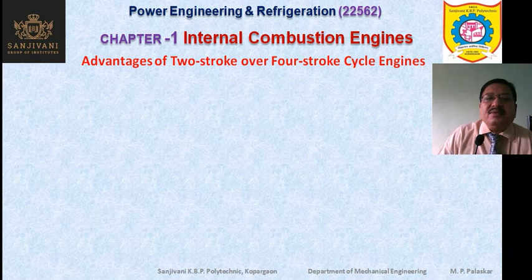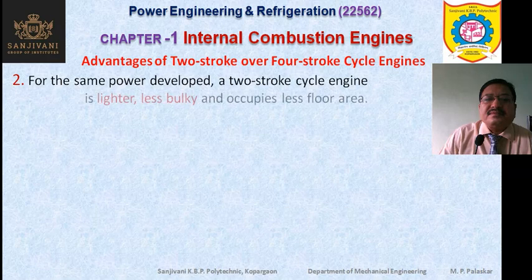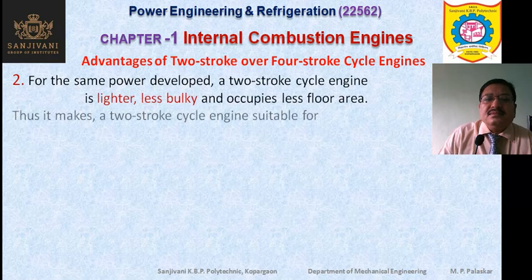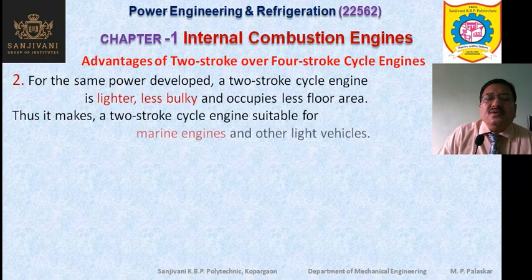Some more advantages of the 2-stroke engine over the 4-stroke engine. The 2-stroke engine will be a lighter one. It will occupy less floor area. It will be less bulky. Since the vibrations are less, this engine has less weight.